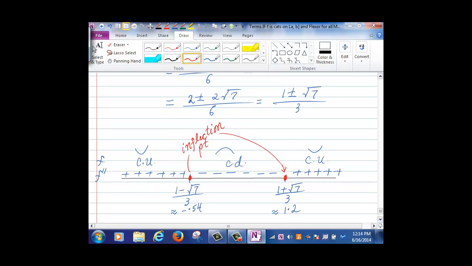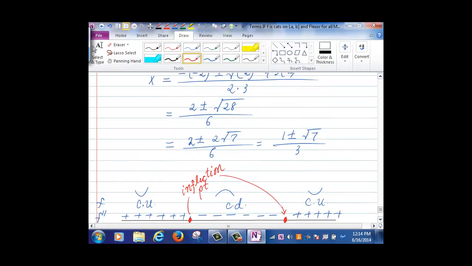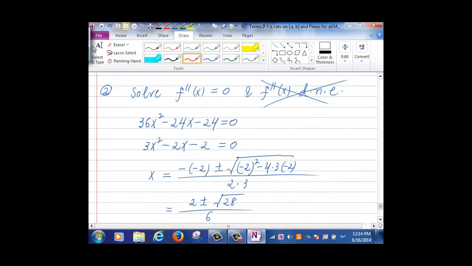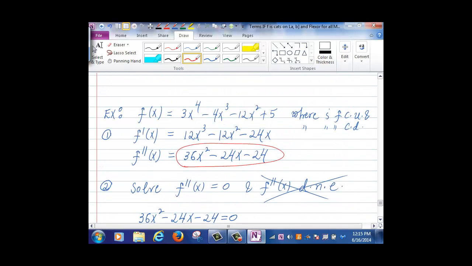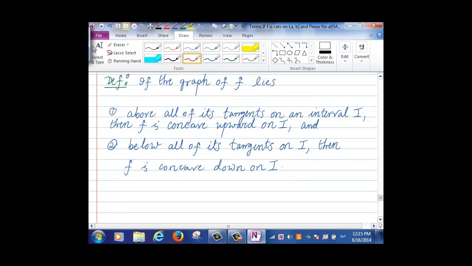And so if I ask you, find the inflection points, all you have to tell me is that the inflection points are at x equals negative 0.54 and x equals 1.2. Okay? That's all you have to tell me. But usually I ask you to draw the graph anyway, so you would have to find the y coordinate anyway.